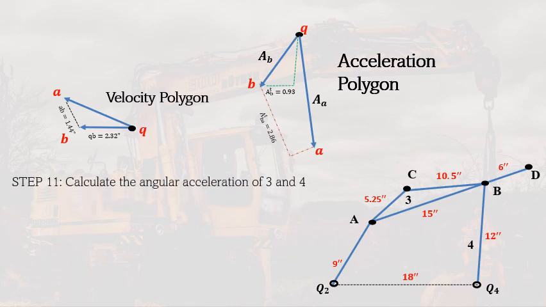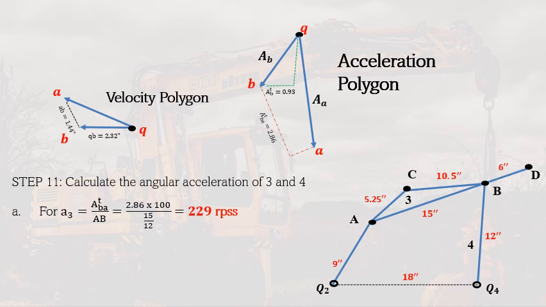Similarly, we will get the angular acceleration of 3 and 4 using the formula. Angular acceleration is the tangential divided by the radius of gyration. So for the angular acceleration of 3, we measure the acceleration of B relative to A tangential from the acceleration polygon. This is the line here. That is 0.93 inch. Take note that this is the normal and this is the tangential of B. So that's why we measure that.